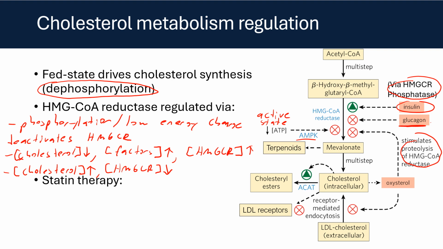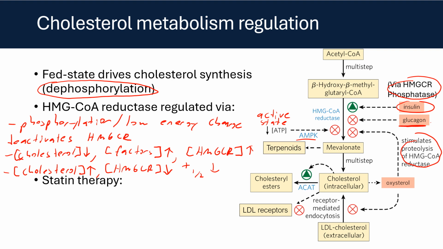So not only is the activity going down and the amount going down, but the half-life of the enzyme itself, the amount of time it's active, is decreasing. And this is going to choke the amount of cholesterol that we make.